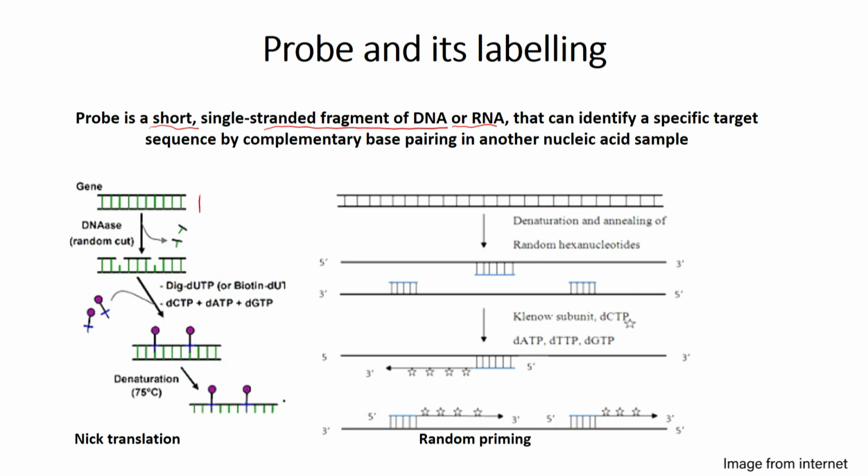One is the Klenow fragment that has 5' to 3' polymerization activity and 3' to 5' exonuclease activity. This is called proofreading activity. That means the first work is polymerization. If there is something wrong, this will come back, remove the thing and again will polymerize. So, that is what is the Klenow fragment.